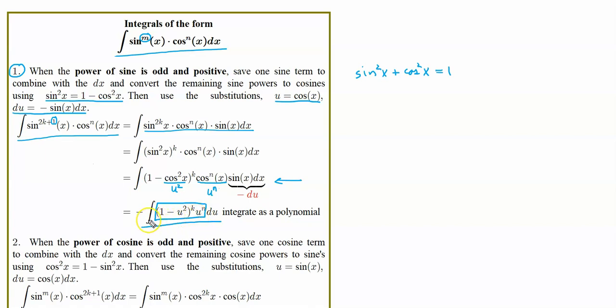So what we'll do then is integrate this as a polynomial, and then we'll go back and substitute cosine x in place of all the u's, and we'll get our answer. We'll take a look at an example using case 1 in a second. Let's go over case 2 and then case 3, and then we'll do some examples.